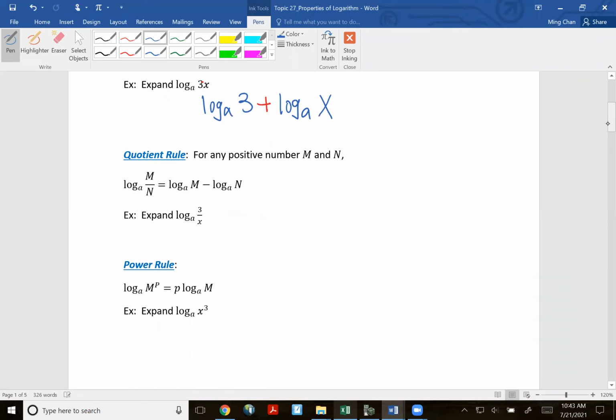Quotient rule. All right. If I take a logarithm with a base a of something divided by something, division is quotient rule, m over n, then this division will become subtraction. And it's always the top, subtract the bottom.